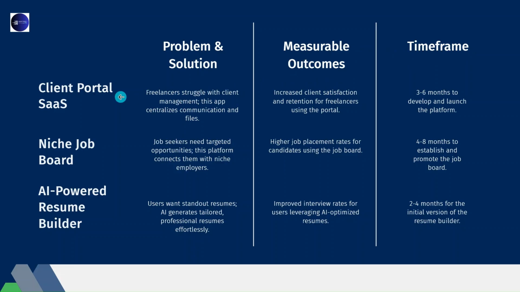Let's start, for example, with client portal, software as a service. So freelancers struggle with client management. So the solution for this one could be an app that centralizes communication and files. So your platform can manage the communication and manage files.